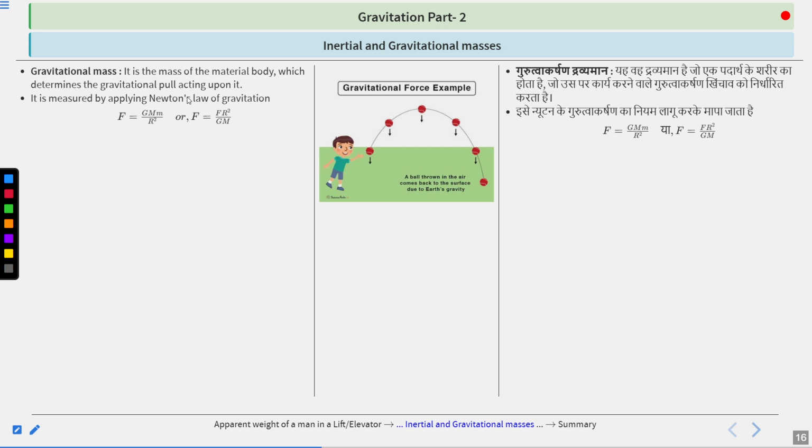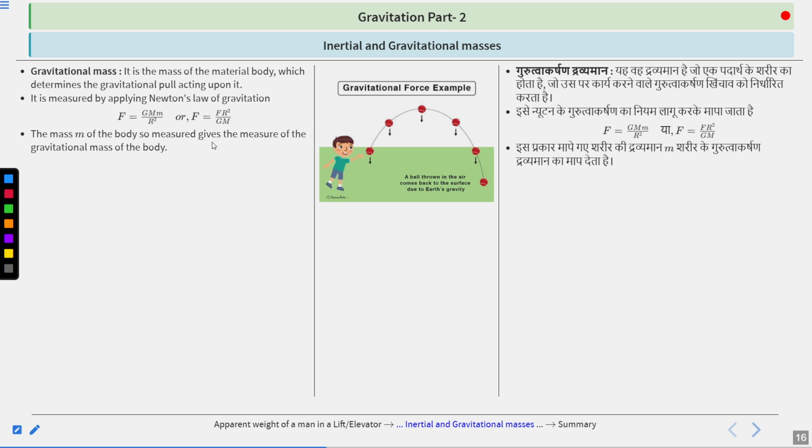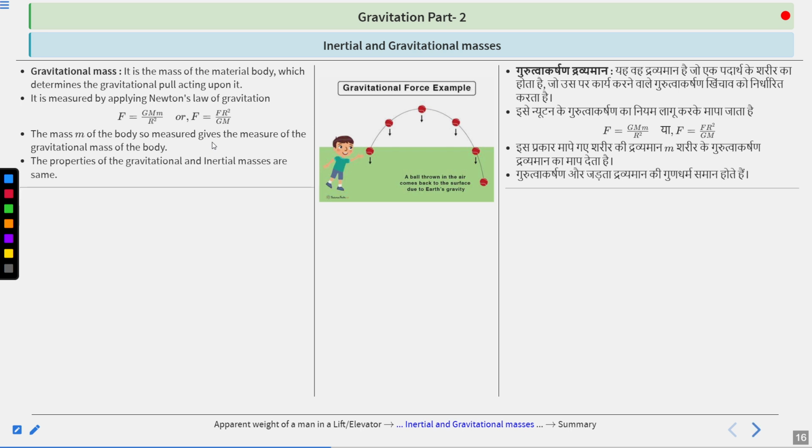It is measured by applying Newton's law of gravitation. The law is F equal to G m1 m2 by r square. When we apply this law, we could measure the gravitational mass of any body. The mass m of the body so measured gives the measure of the gravitational mass of the body.